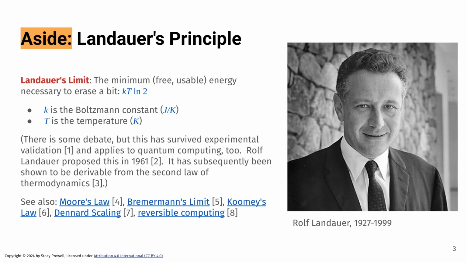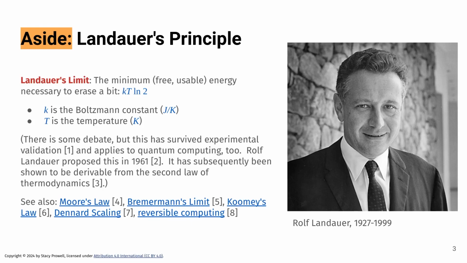Now, if this topic interests you, this notion of limits on computation imposed by physics, go look at Moore's law. More significantly, go look at Bremermann's limit. That's a really big one that you should look into, especially if you're interested in the limits of cryptography. Koomey's law and Dennard scaling are the same kind of thing.